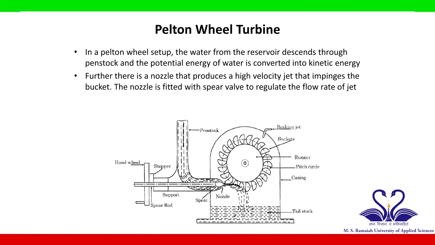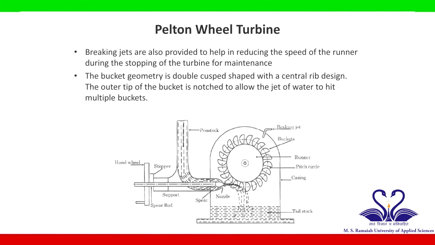Further, there is a nozzle that produces a high velocity jet that impinges the bucket. The nozzle is fitted with a spear valve to regulate the flow rate of the jet. Braking jets are also provided to help in reducing the speed of the runner during the stopping of the turbine for maintenance.